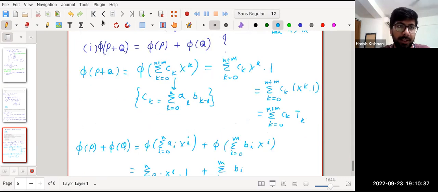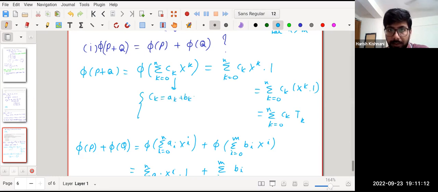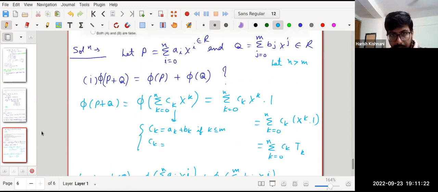Okay, so now how will this multiplication work? I think I don't need to rub all these things. It will go up to n, n is greater, and ck will be ak plus bk if k is less than or equal to m, and it is just ak if k is greater than m.